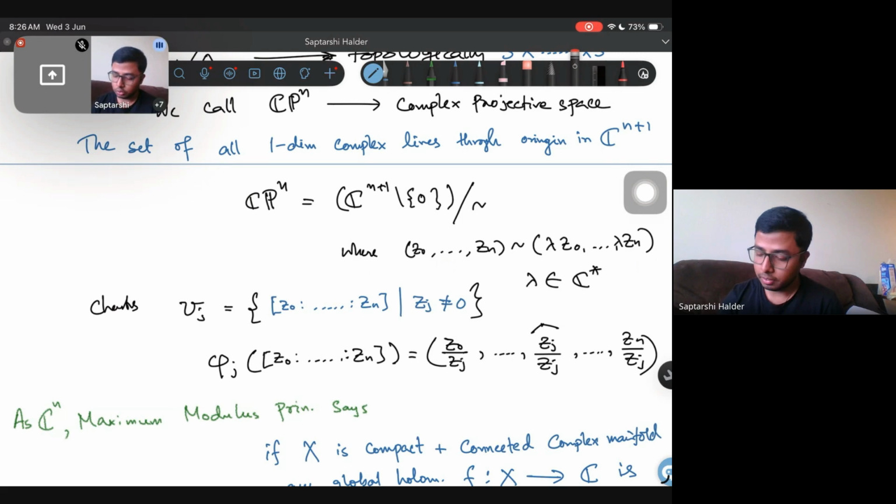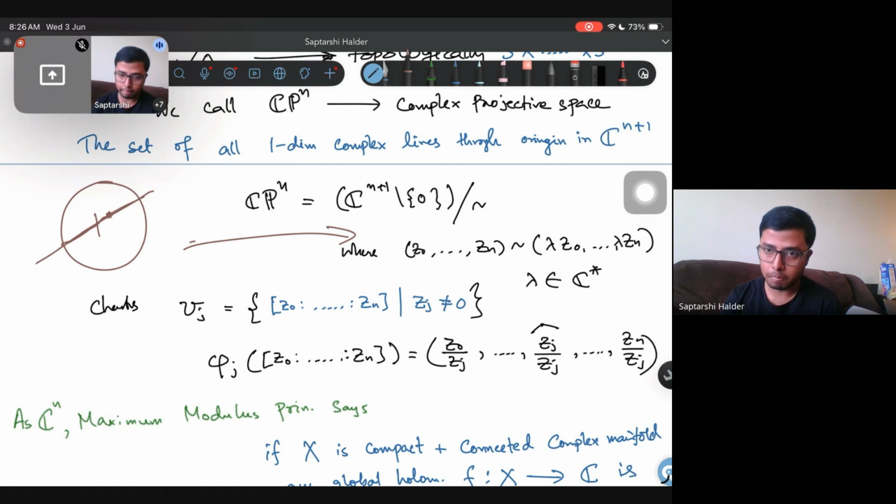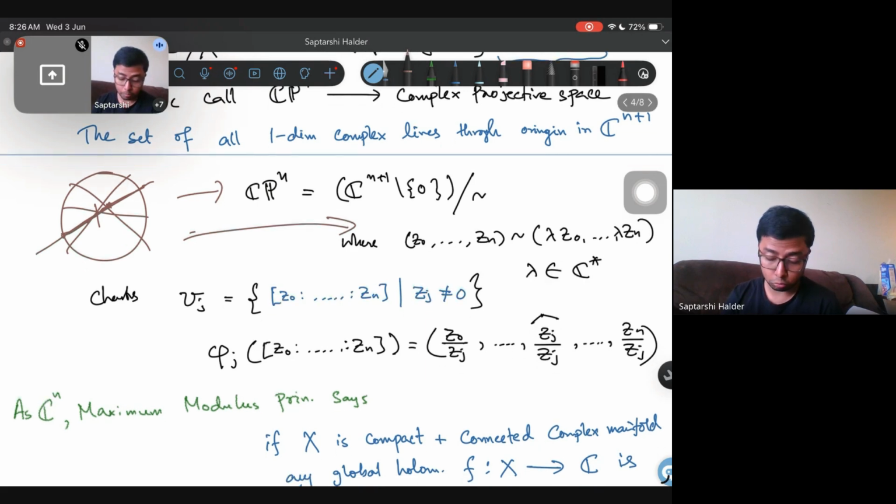Basically, if you have a point over here, then this equivalence relation will give you the whole line. You are identifying this whole line to be one point. So all these identifications give you this space. It's hard to visualize, but this is one of the easiest ways to do it, to identify the lines.